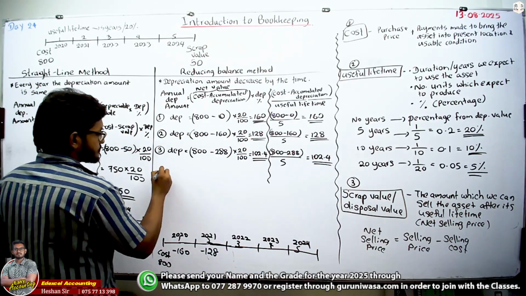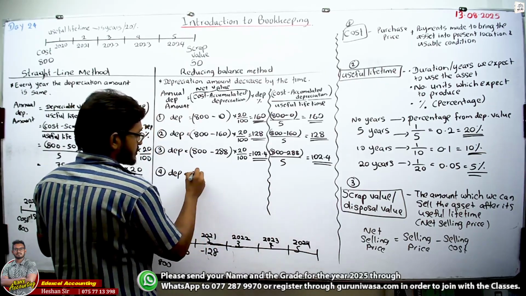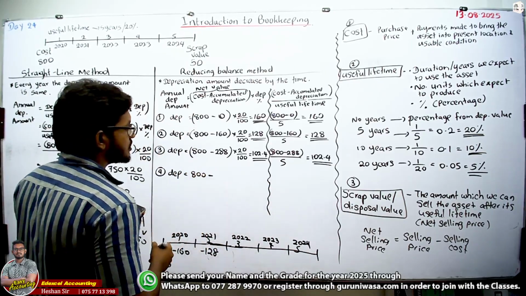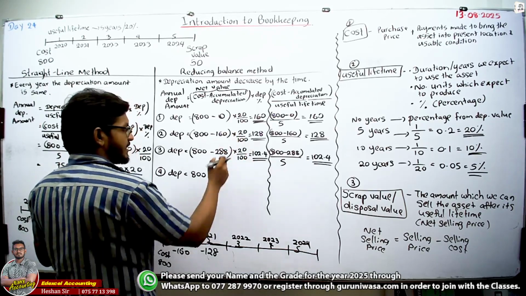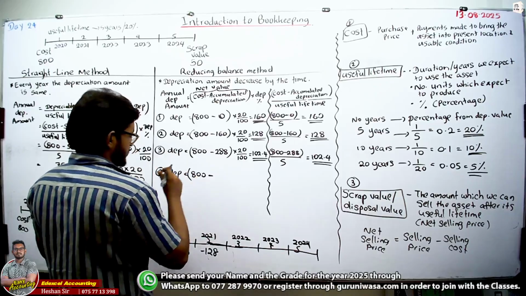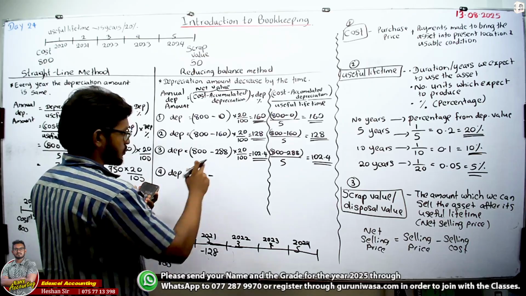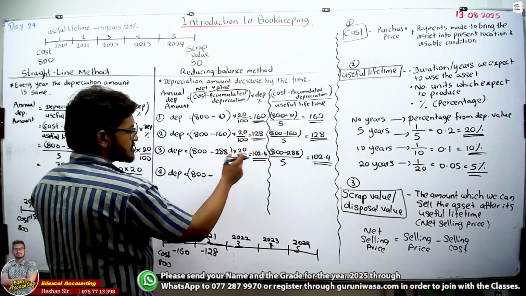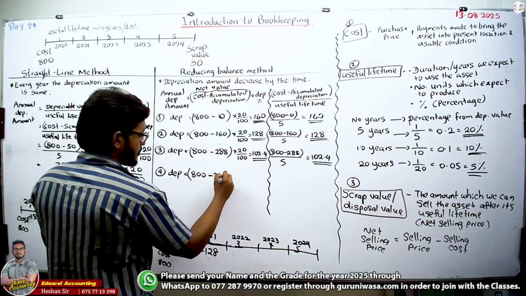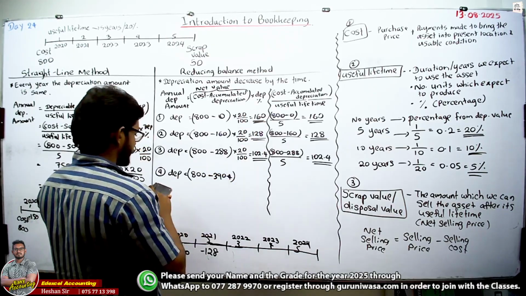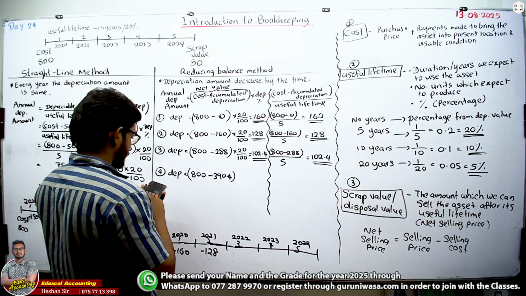Fourth year depreciation. 800,000 minus accumulated depreciation. For this one, you can take the accumulated depreciation like this: 288 plus 102.4. 288 means these 2 years depreciation, to which we add the previous year depreciation, 390.4. Or you can take the total of these three: 160 plus 128 plus 102.4.